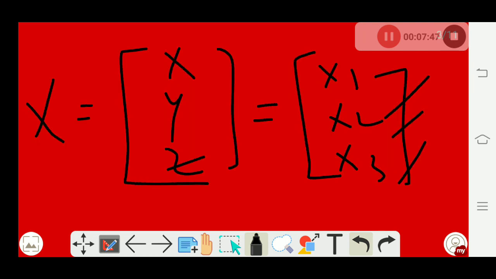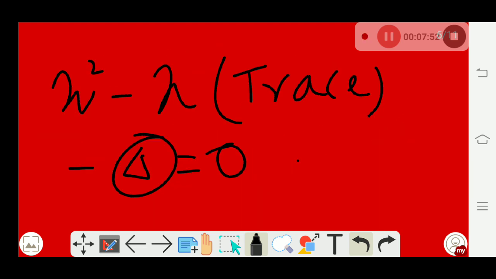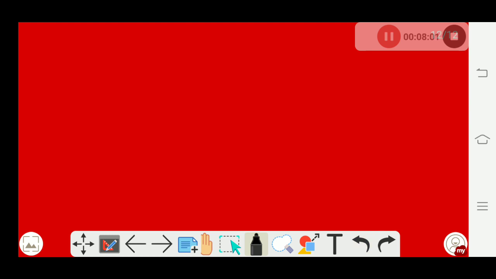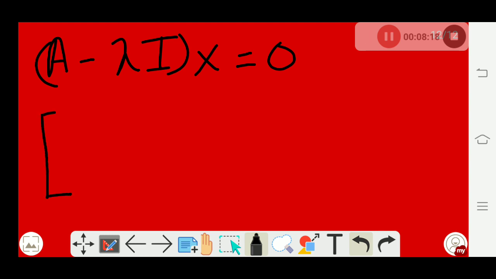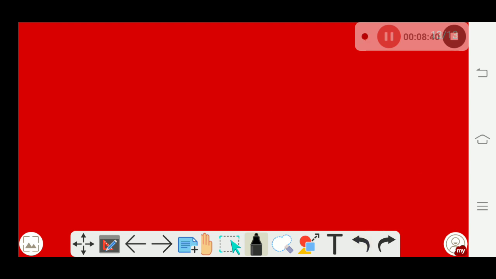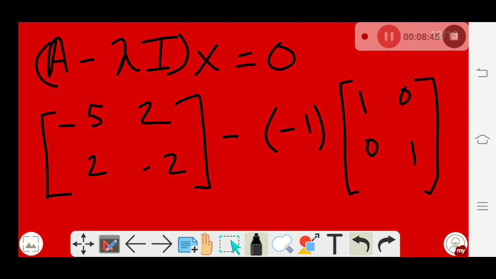So what is the value of A? This one. A minus lambda I times x is equal to 0. A is [-5 2; 2 -2], minus lambda, in the first case I am taking minus 1, and I is the identity matrix [1 0; 0 1]. Minus minus is plus, so we just need to add.